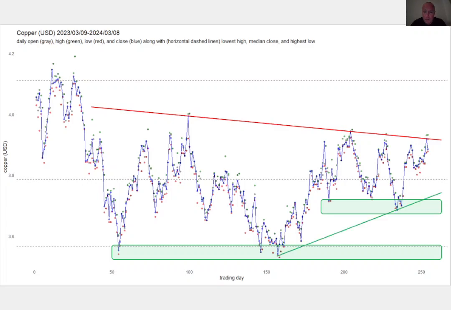And hence, in combination with higher lows, we will likely soon see either a breakout above the red line, giving more evidence for a renewed uptrend, or a drop below the green line, which would indicate a renewed downtrend as the more likely scenario.